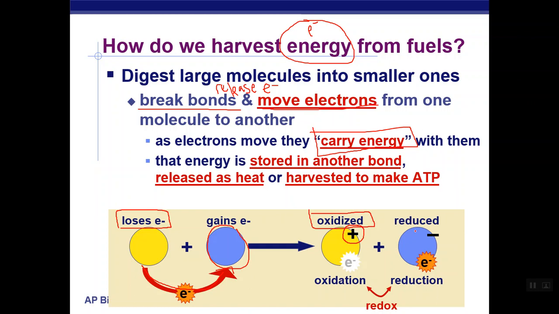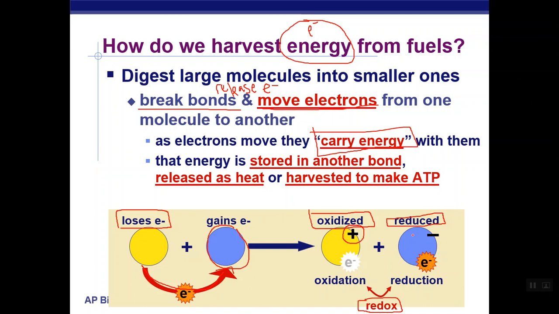And the molecule that gained the electron, its charge gets reduced. It has an extra negative charge, so its charge total is reduced. This is the redox reaction, a reduction-oxidation reaction. And the yellow molecule has lost energy because it has lost an electron, and the blue molecule has gained energy. It has gained an electron.